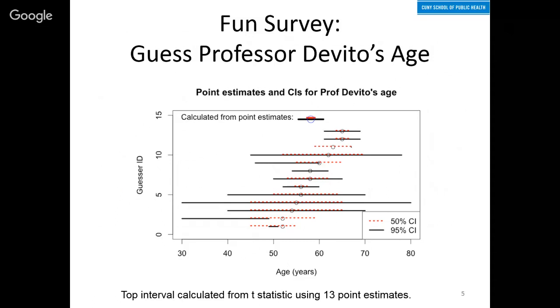I could explain why. Maybe can I get another opinion on why that is before I give my 2 cents? Yeah? If you want to increase the chances that an interval has the true value in it, you're just going to have to increase the range of that interval. Yeah, you don't have any more information. So if you want to increase your confidence, you have to increase the interval.